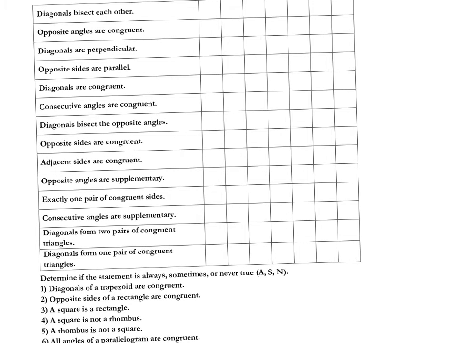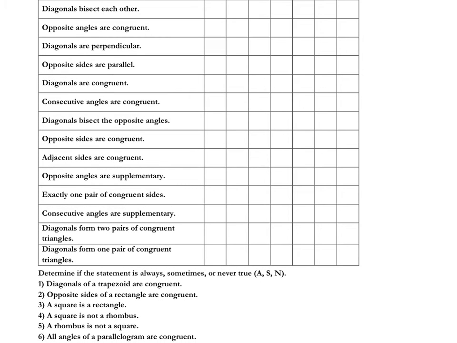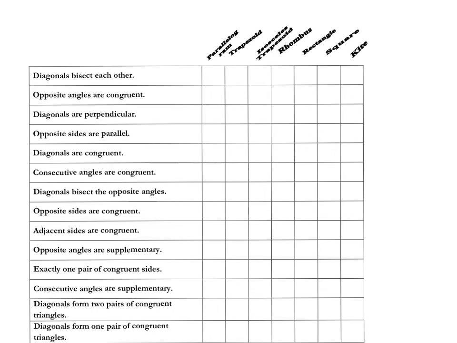Just to do an example with you guys, let's talk about diagonals of a trapezoid are congruent. So if you think about the characteristics of diagonals being congruent, which is this category right here, okay? Diagonals are only congruent for an isosceles trapezoid, a rectangle, and a square.